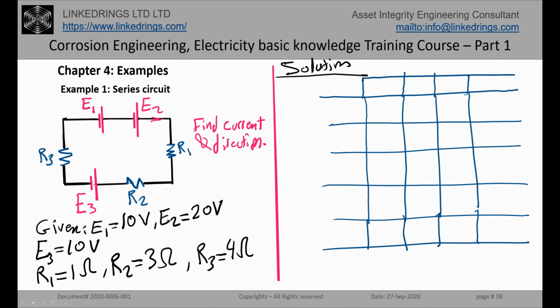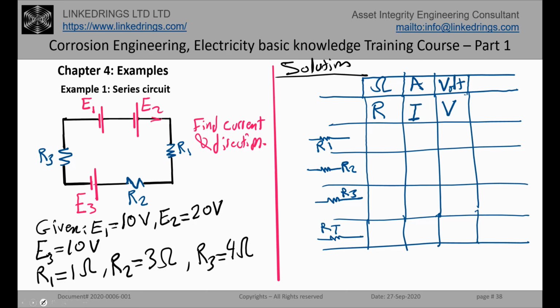On the row, we will put the ohm, ampere, and voltage. And in the vertical, we'll put all the loads, R1, R2, R3, and R total. R total is the summation of these 3 electrical resistances in series.